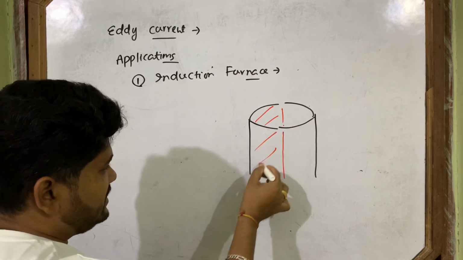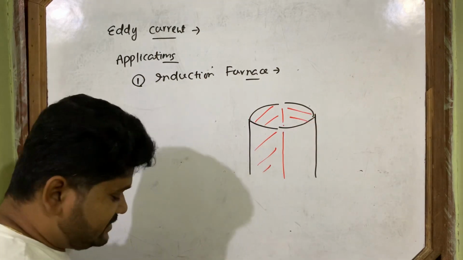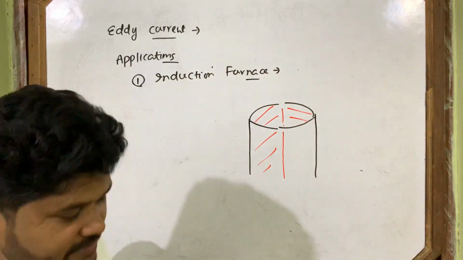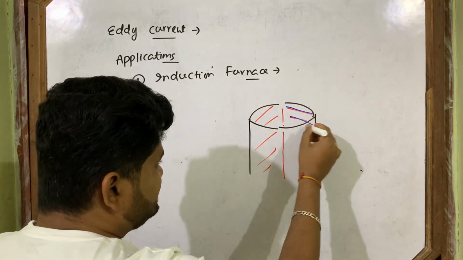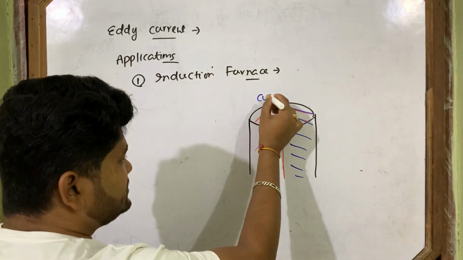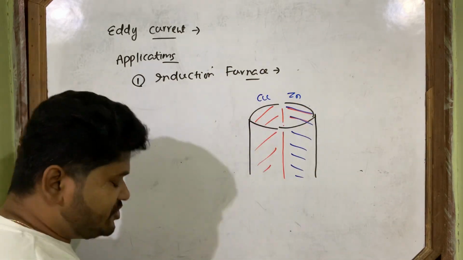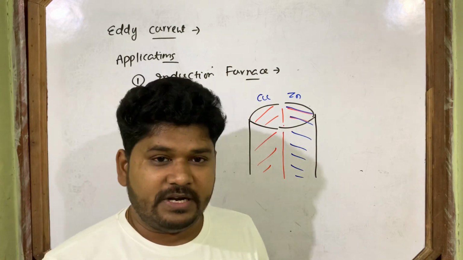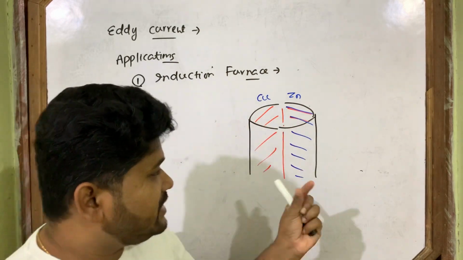This part is one metal and this part is another metal. Suppose this is copper and this is zinc.